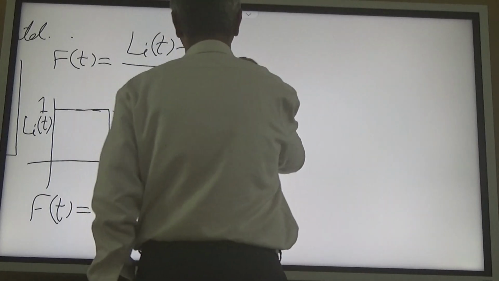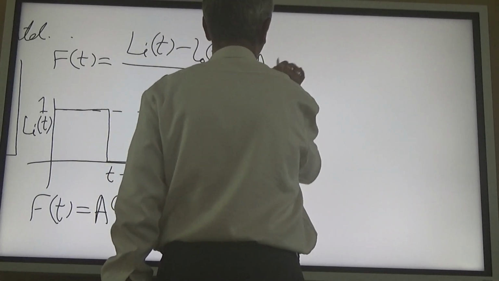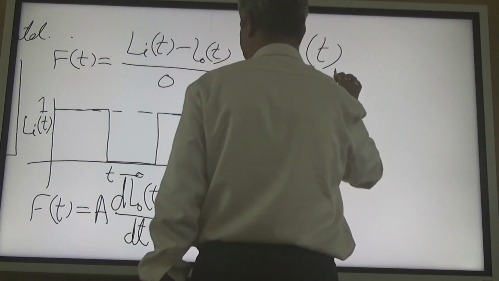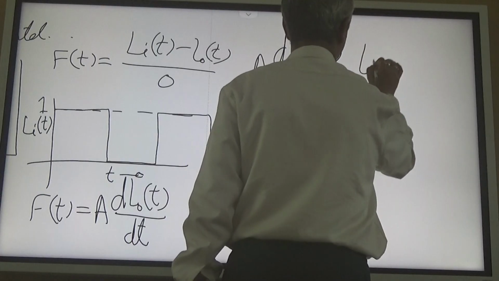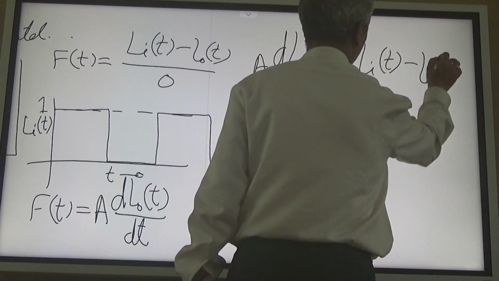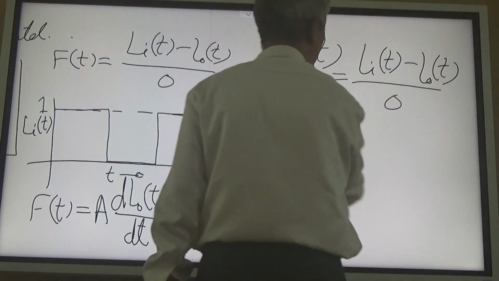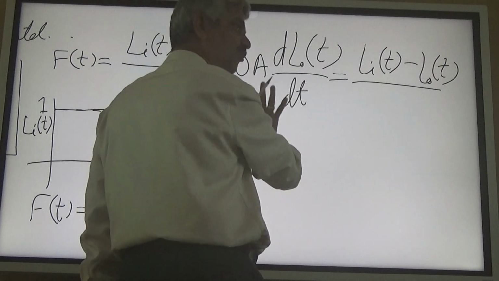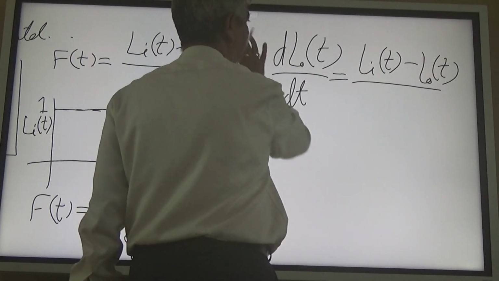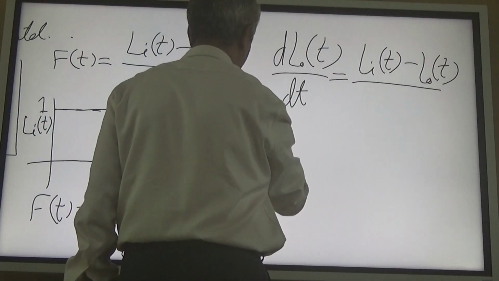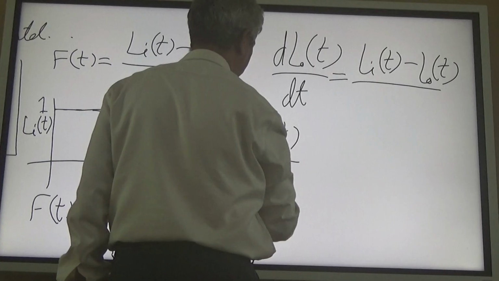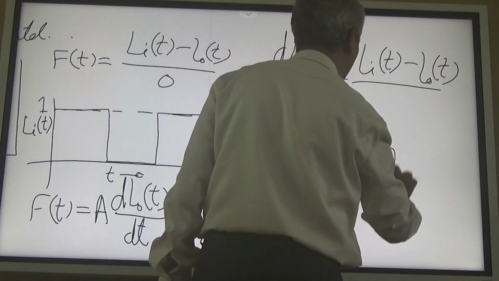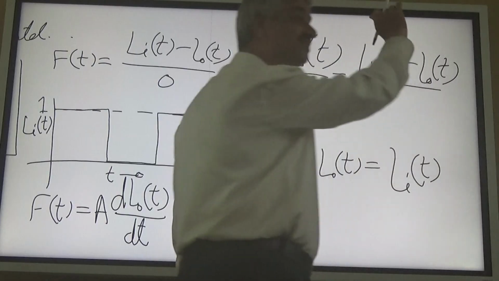So A dLOT by dt is equal to LNT minus LOT upon O. O goes on this side, and we assume that O is 1. This comes on the other side. So dLOT by dt plus LOT is equal to LNT. This is the differential equation.